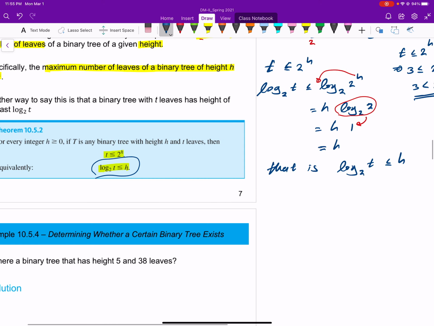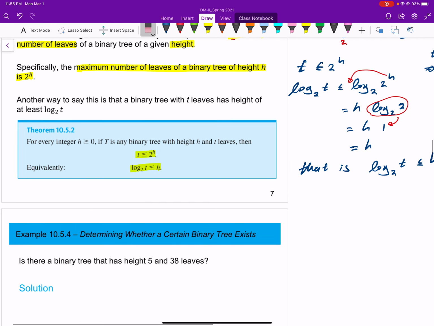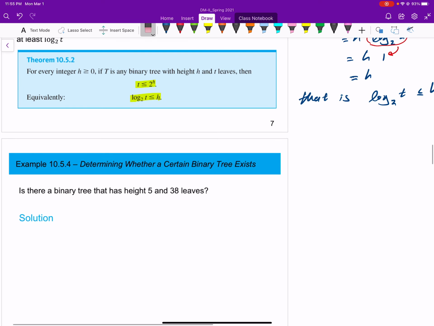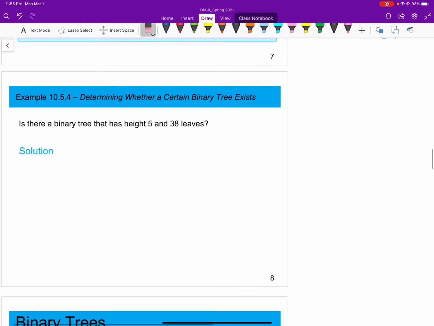All right, so you are clear about that now. This is theorem 10.5.2. Now let's move to the next slide where we are going to discuss an example.